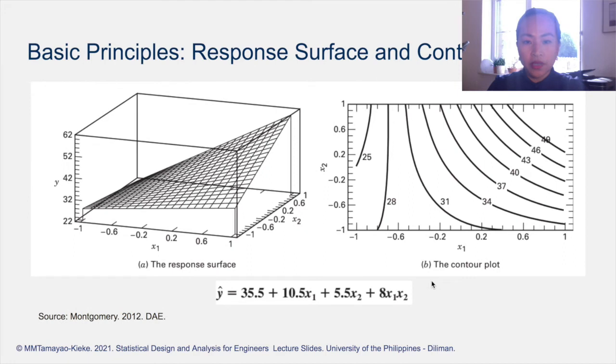Meanwhile, let's consider this model. Y hat = 35.5 + 10.5x1 + 5.5x2 + 8x1x2. As you can see, the value of the parameter corresponding to the interaction variable is high relative to the factor parameters. This signifies the presence of an interaction.